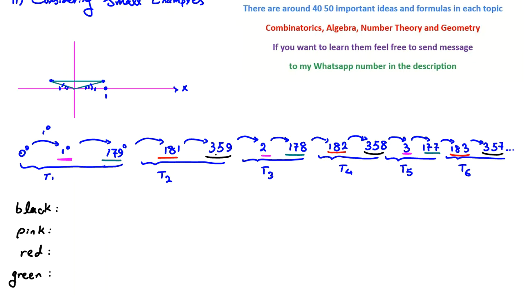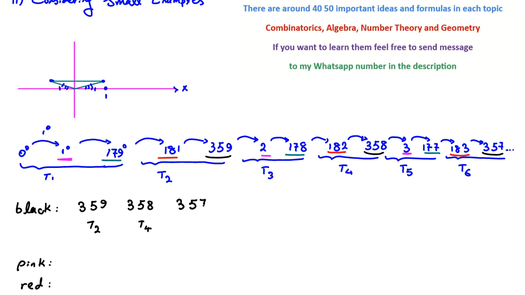Okay, for T2 we have 359 for blacks. T4 358. So if we consider sum, is it okay? So 359 will be subtracted by 1. So let me write 359 is related to T2. 358 is related to T4. 357 is related to T6.